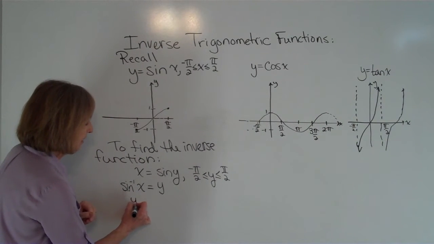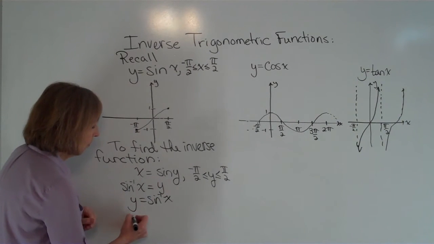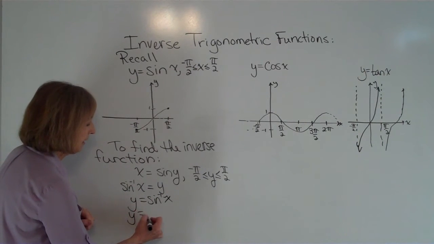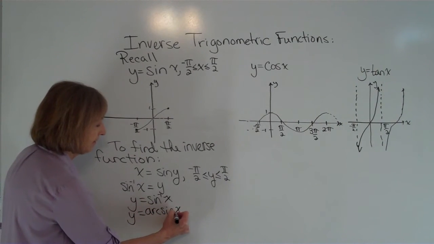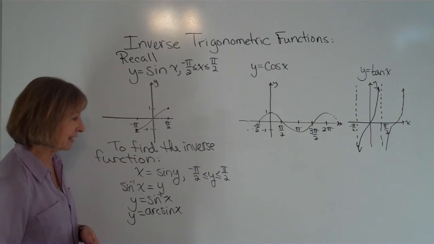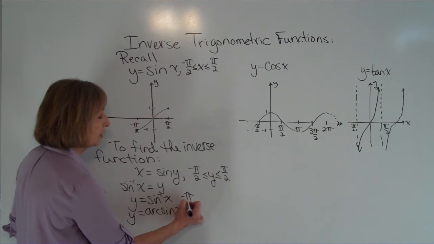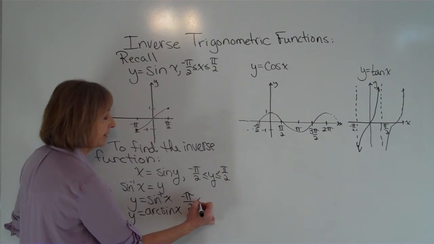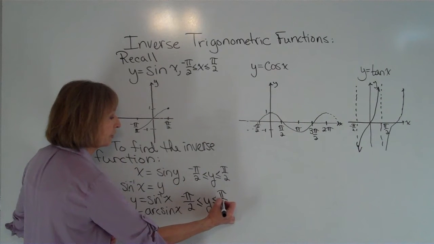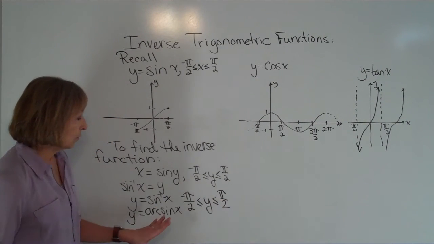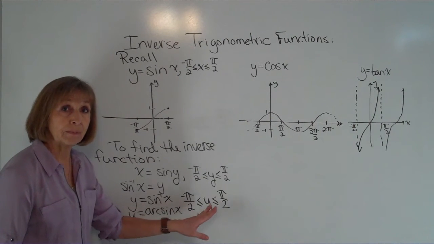So I can write this either as y equals the inverse sine of x, or another notation is y equals arcsine of x. Two different notations for the same idea, but I have to remember that the restriction on my domain ends up being a restriction on the range of my inverse function. So the angles that I give as answers have to be from -π/2 to π/2.